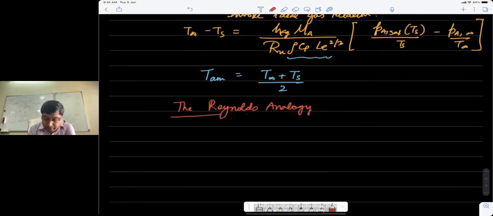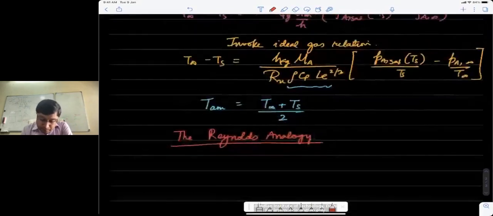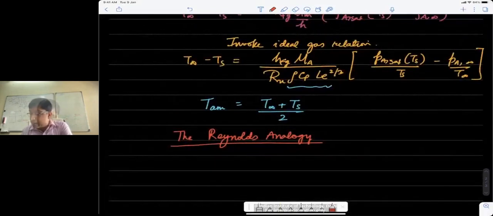Sir, in the previous relation, if Ts is unknown, then how do we take the properties? Very good. Because if Ts is unknown, you do not know what these values will be, so how do you even calculate this?